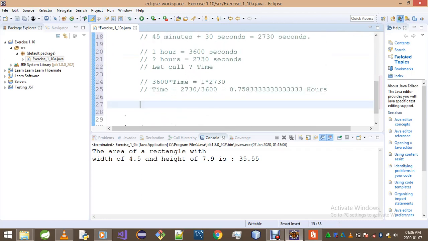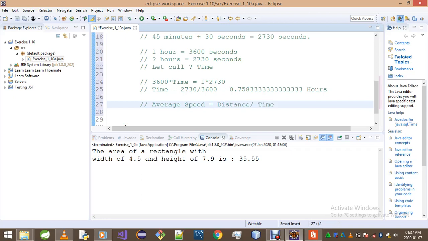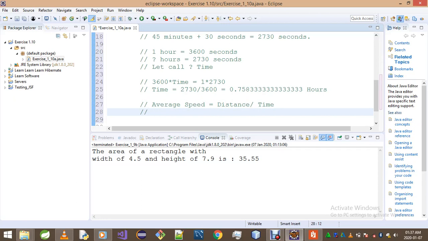Okay, now that we've got time, we also got distance. We gotta use our equation for getting the average speed, which is distance all over time. So what we have is average speed is equals to, where is our distance?